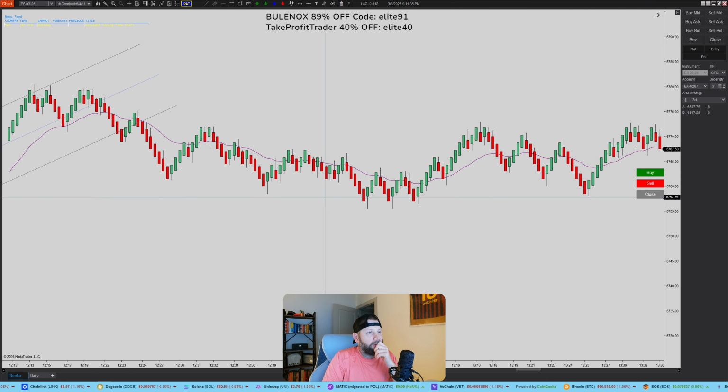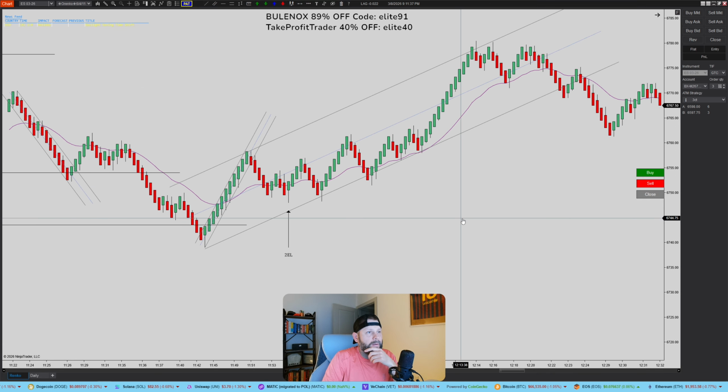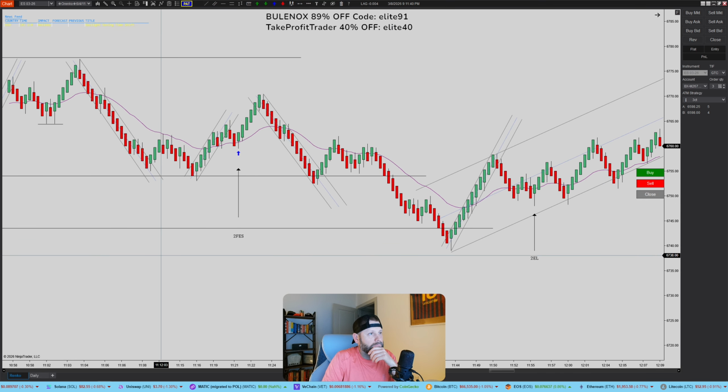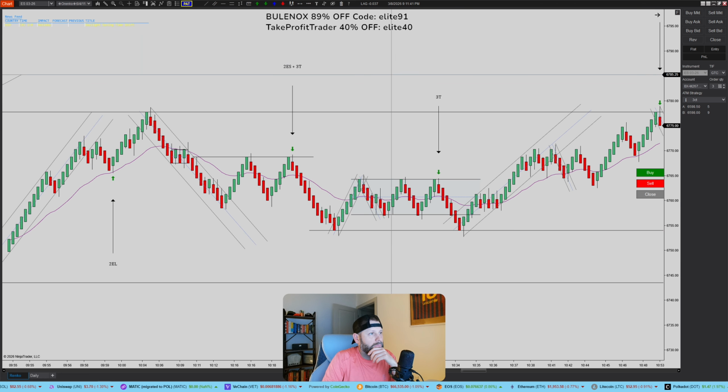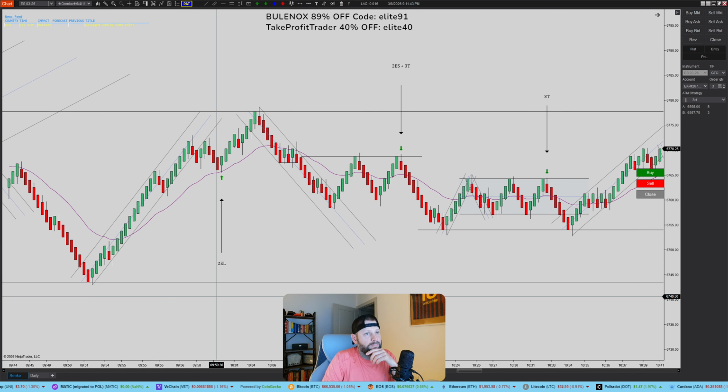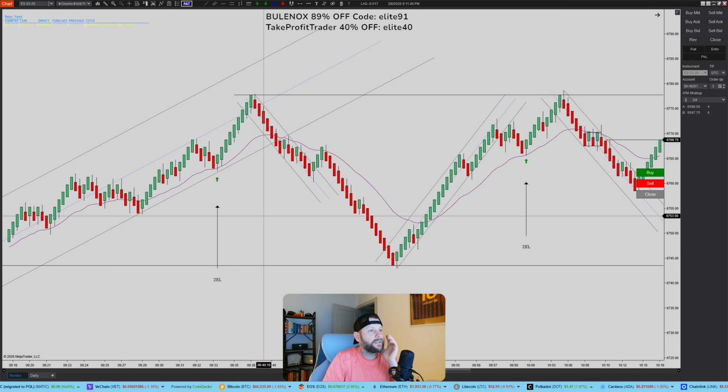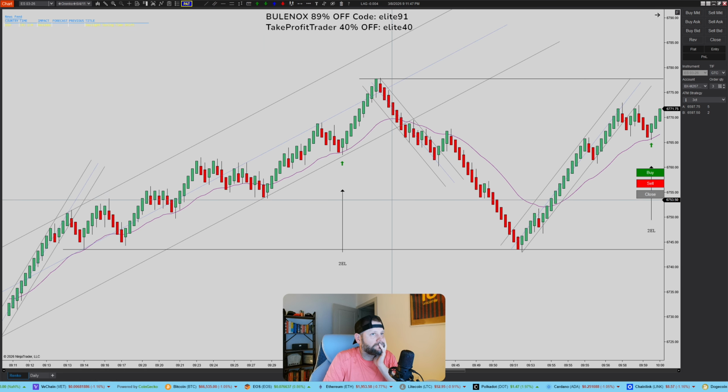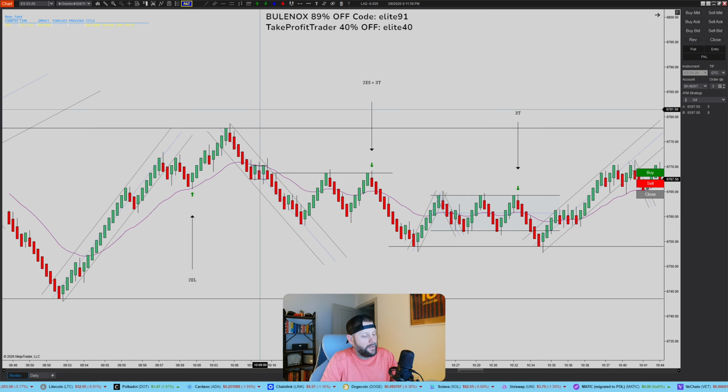So, to give you an example, of course there's no setups like that, but let's just say, for the sake of an example, price reverses here and went up, right?